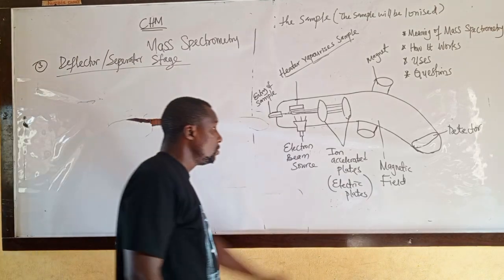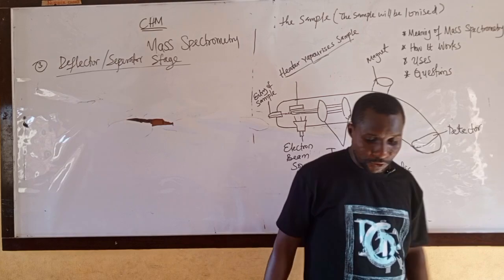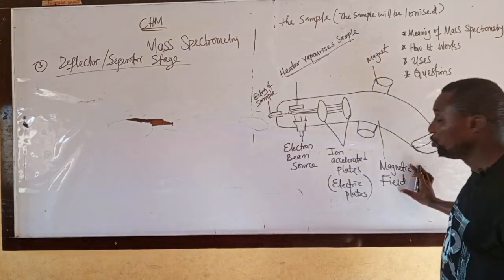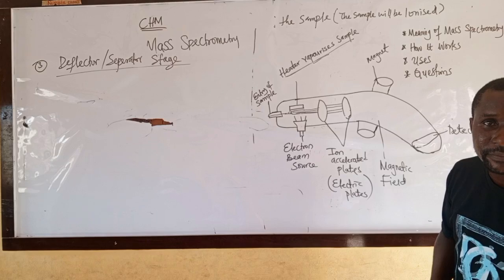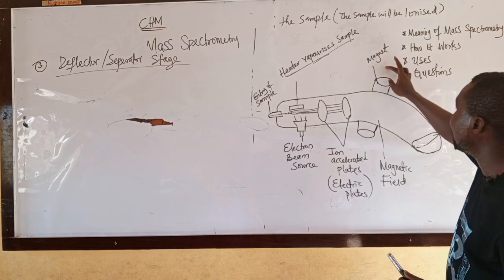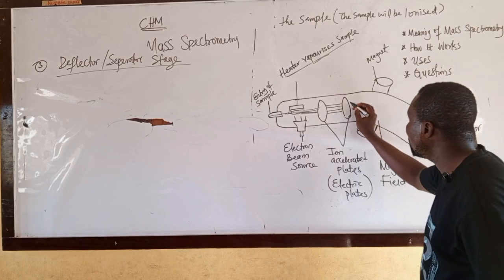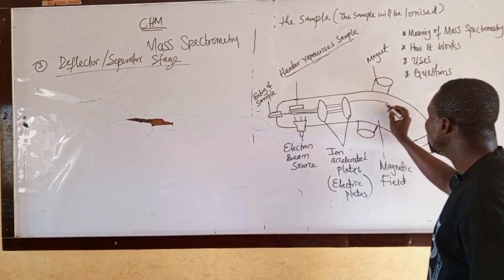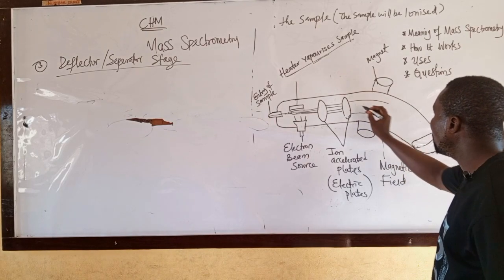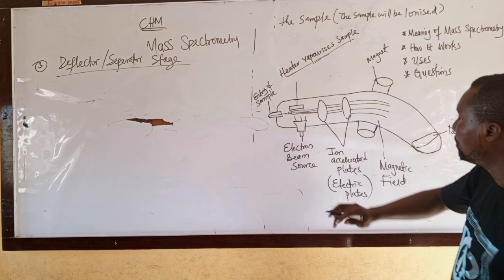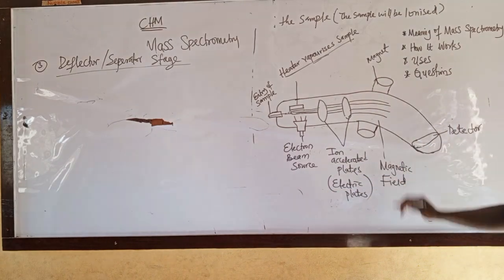I told you at this stage we have a magnet that produces what? Magnetic field. A magnet that produces what? Magnetic field. What happens? The ion sample accelerates into the magnetic field.